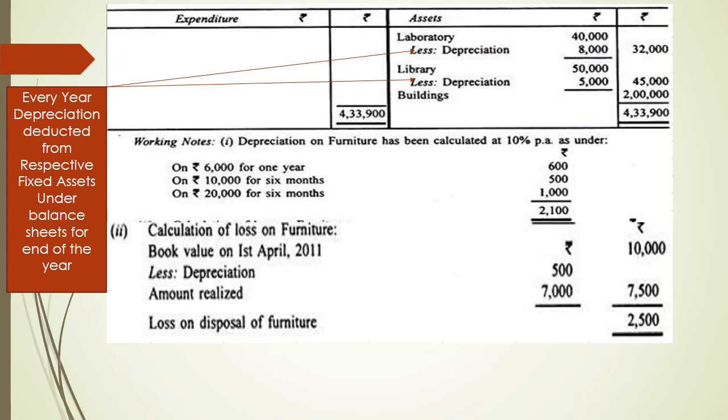Every student makes a big mistake: whatever depreciation or interest is to be calculated, they take the whole amount and charge for the whole year, not period-wise, or we can say month-wise. It is very difficult to explain to students how it will be bifurcated.